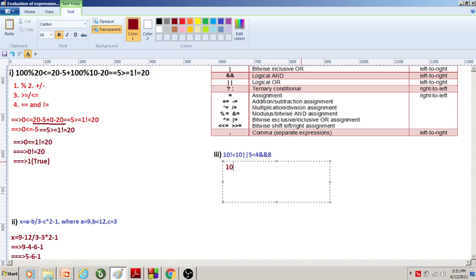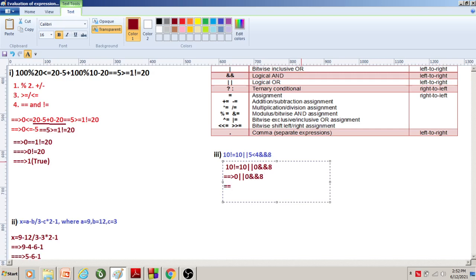So it becomes 10 not equal to 10, or 5 less than 4, and logical and 8. 5 is greater than 4, therefore the result is 0. The next priority is given to the not equal to operator. 10 not equal to 10 is false, because 10 is equal to 10, so it is 0, or 0 and 8.